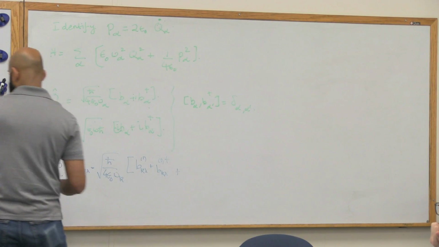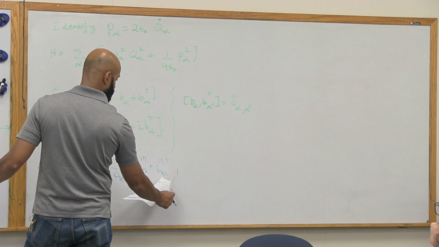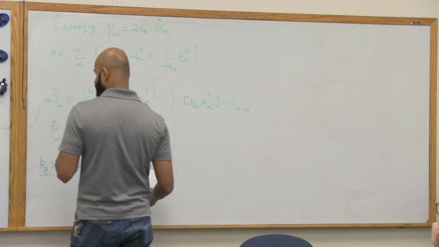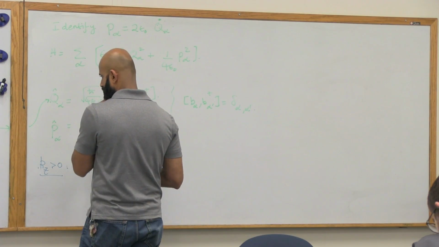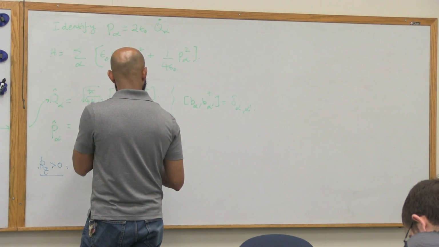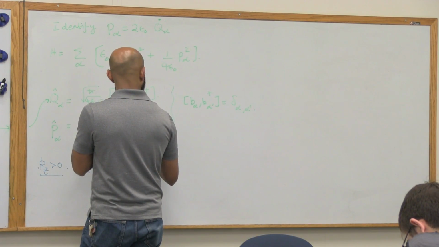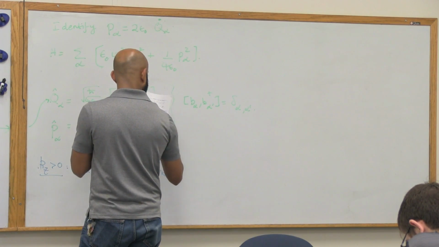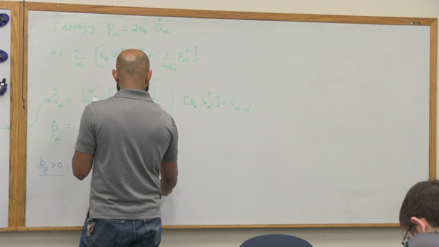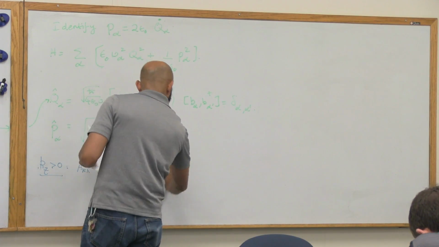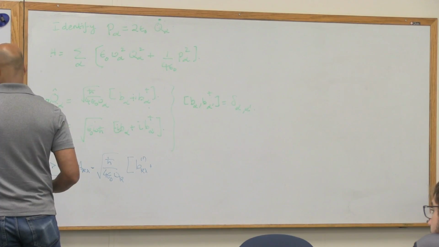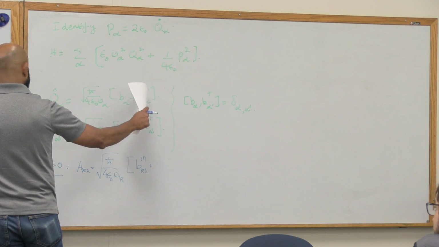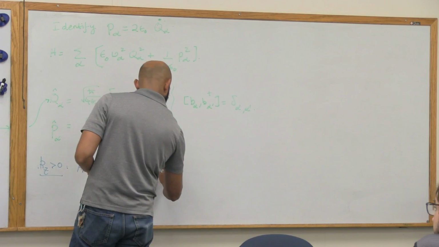And then Q_kλ2 gives me a contribution. Q_kλ1 is b_kλ plus b_kλ dagger, both with a 1 in front of them.